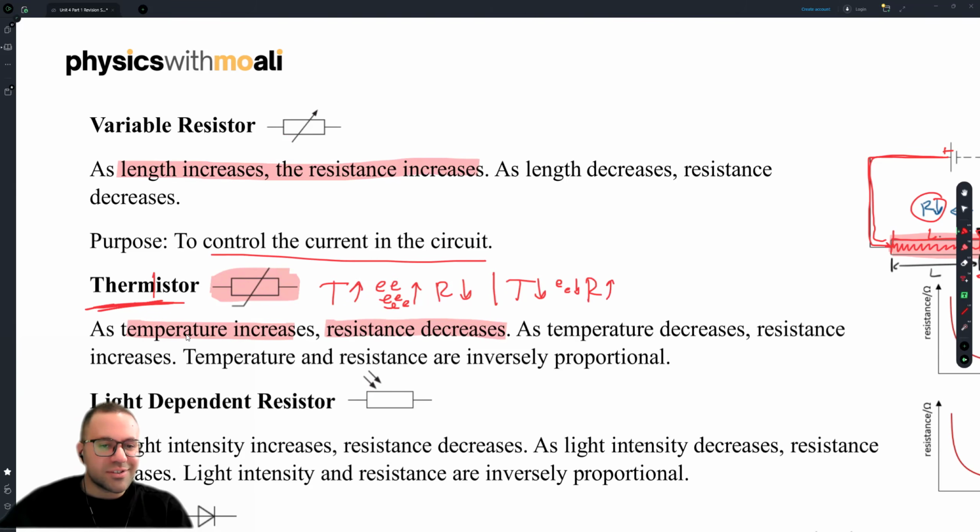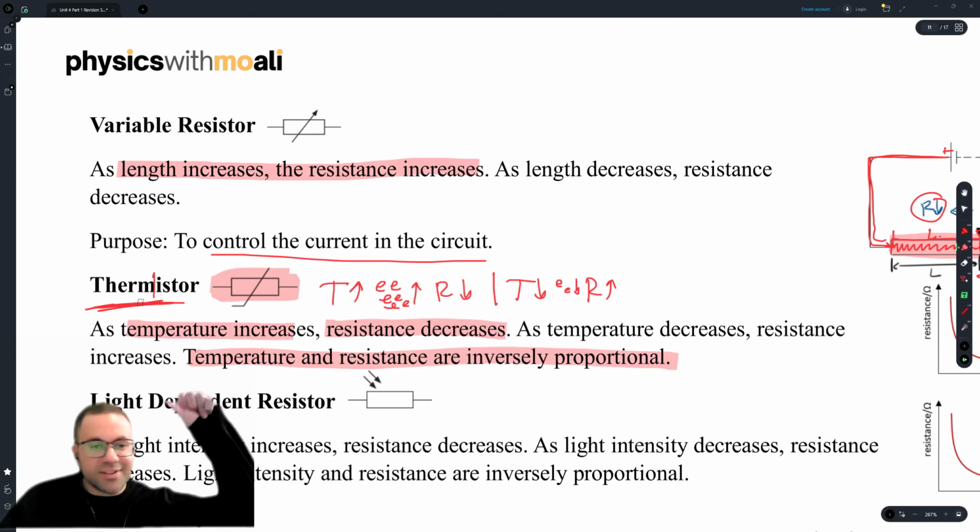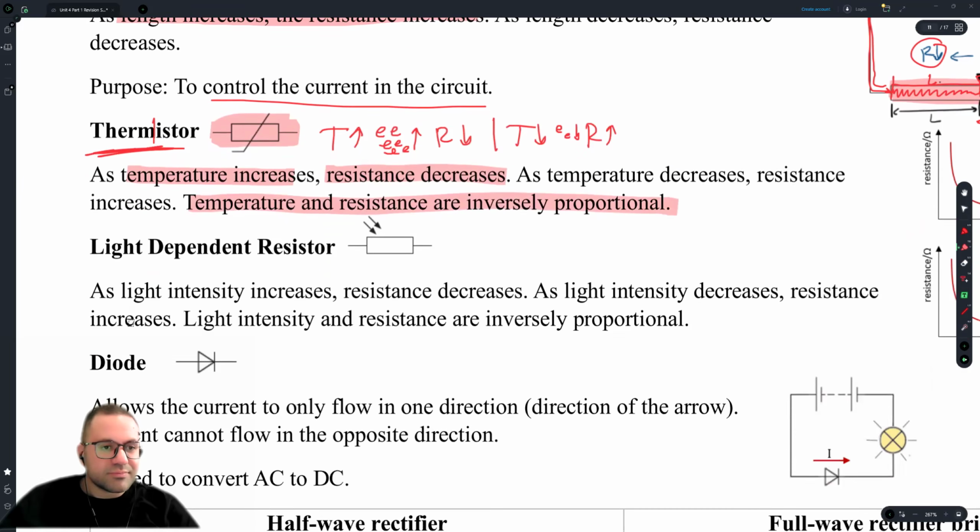So the resistance increases. So the temperature and resistance are inversely proportional. So be careful. If it's a metal, when the temperature increases, the resistance increases. When it's a non-metal, a thermistor is the only non-metal we'll care about for now, when the temperature increases, the resistance decreases. Its cousin, or its brother from another mother, is the LDR.